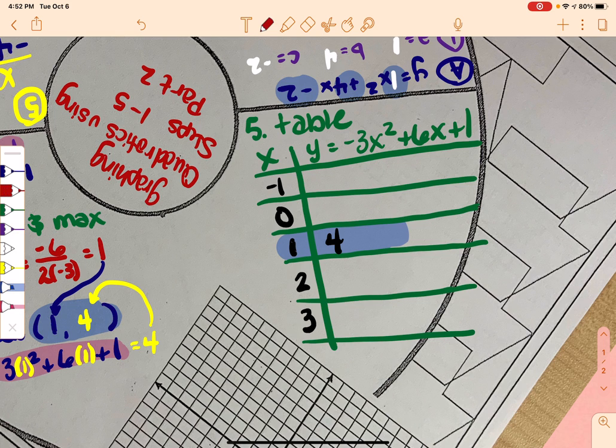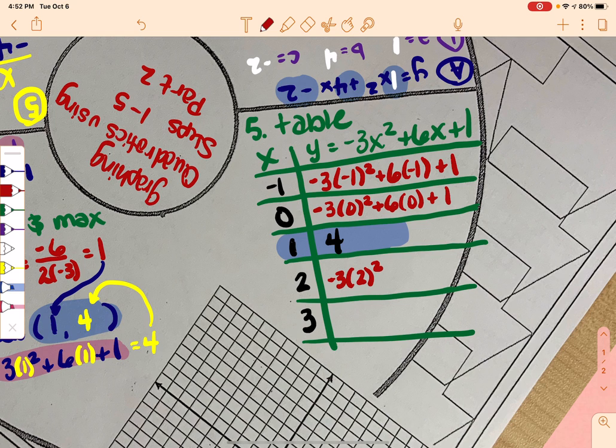Okay, now I'm going to start to plug in my values. So negative 3 times negative 1 squared, plus 6 times negative 1, plus 1. And I'm going to keep going right down my list and keep plugging them in. Then I'm going to plug in 2. Then I'm going to plug in 3.